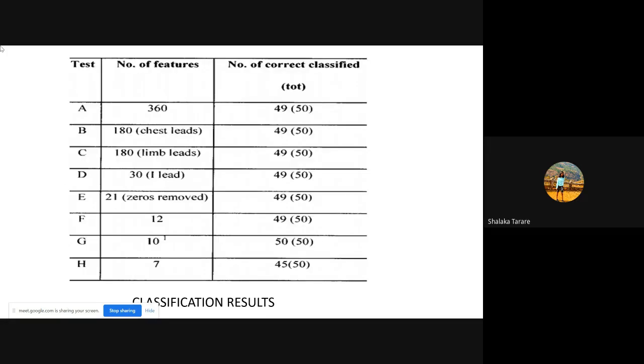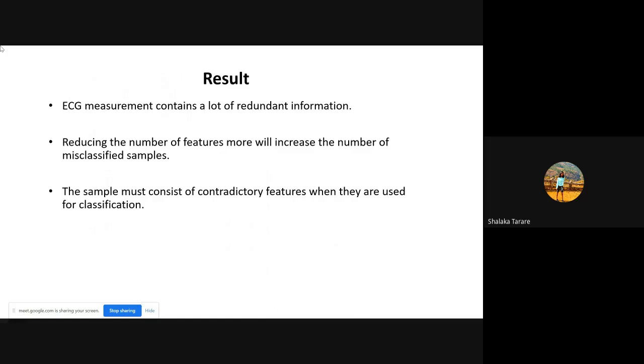The number of correct classifications is the same independent of using 360 features or 21 features from one lead. We conclude that the ECG measurement contains a lot of redundant information. The misclassified samples in the measurements will vary between the tests. It is not a specific sample that is difficult to classify.